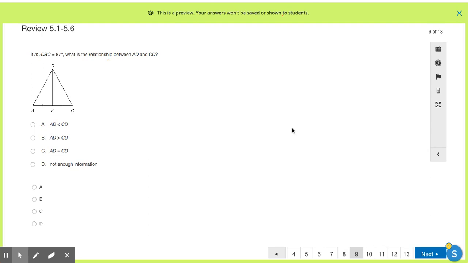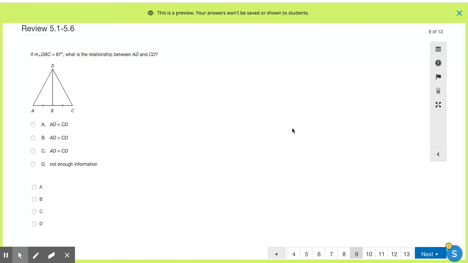Number 9, if the measure of angle DBC equals 87, what is the relationship between AD and CD? Would AD be longer because angle DBA equals 93, since they're supplementary linear pairs?